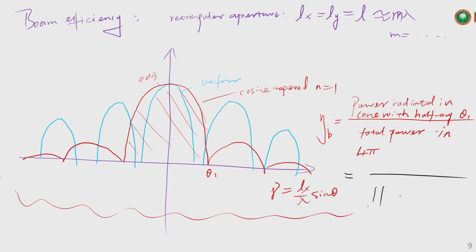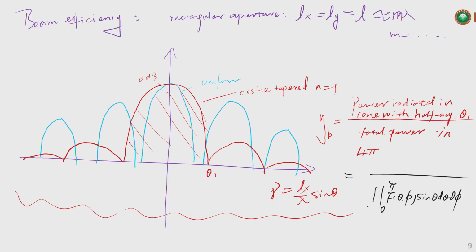It can be expressed as the normalized intensity F of theta, phi, times the integration of sin theta d theta d phi over the solid angle. For the denominator, the elevation angle theta goes from 0 to pi.